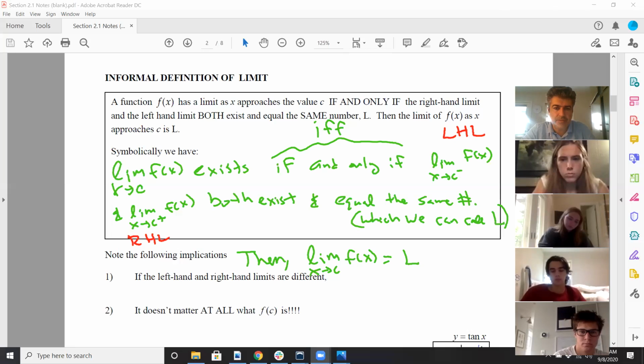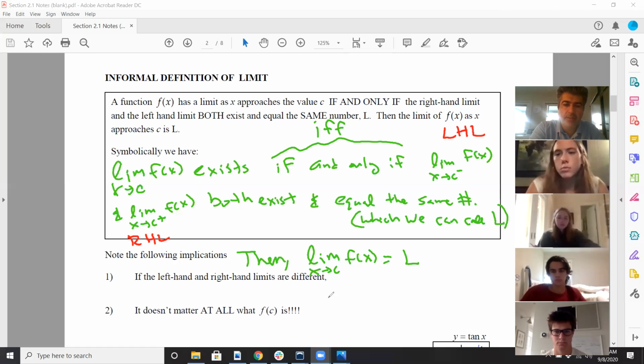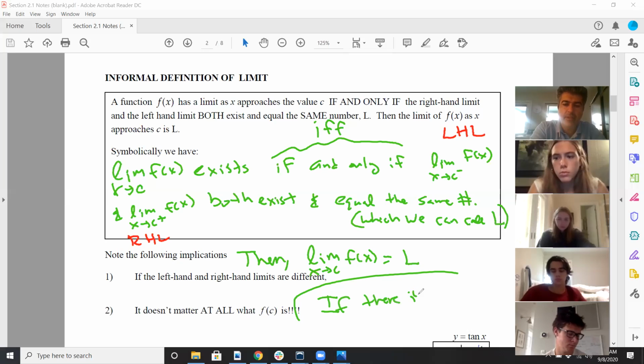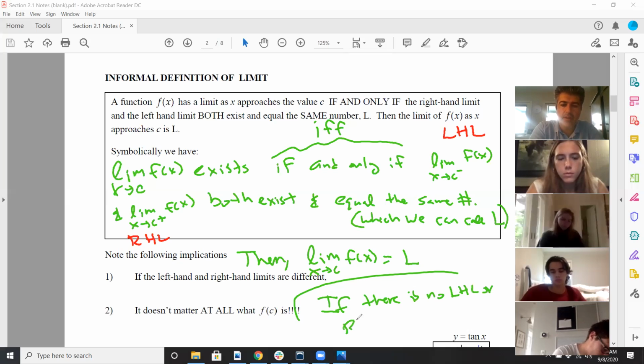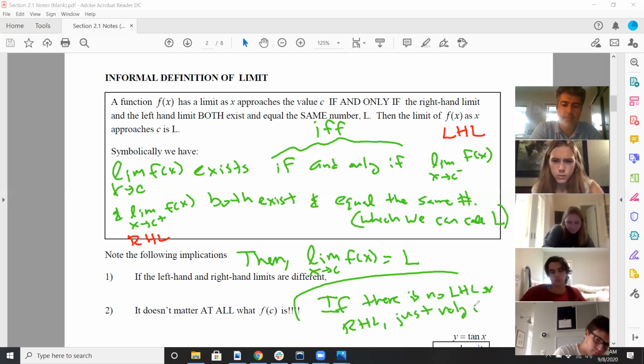And we have a question here. Great question. So the limit cannot exist in the case that there is not a line coming from one side. Okay, when that happens, actually, we're going to get into that. That's a great question. So if there is no LHL or RHL, you just rely on the one side limit you do have.